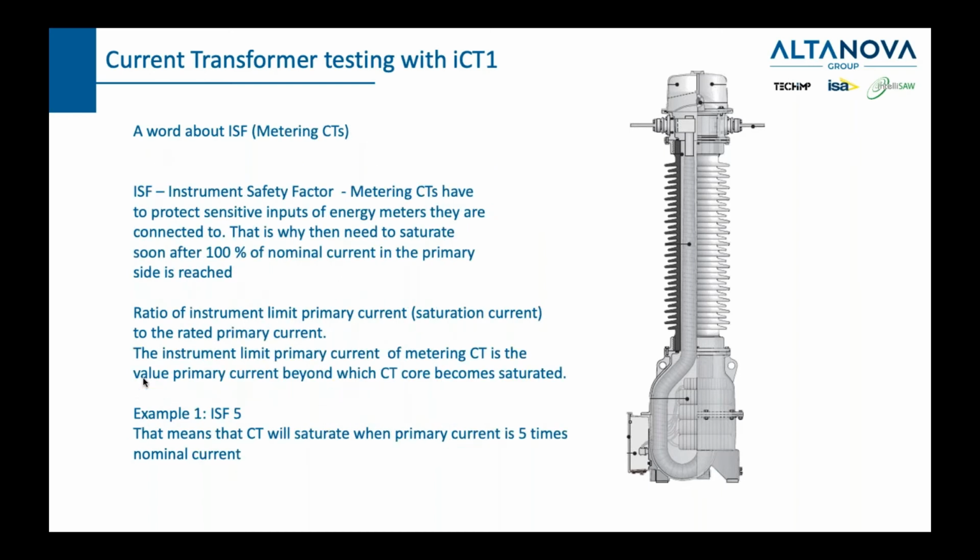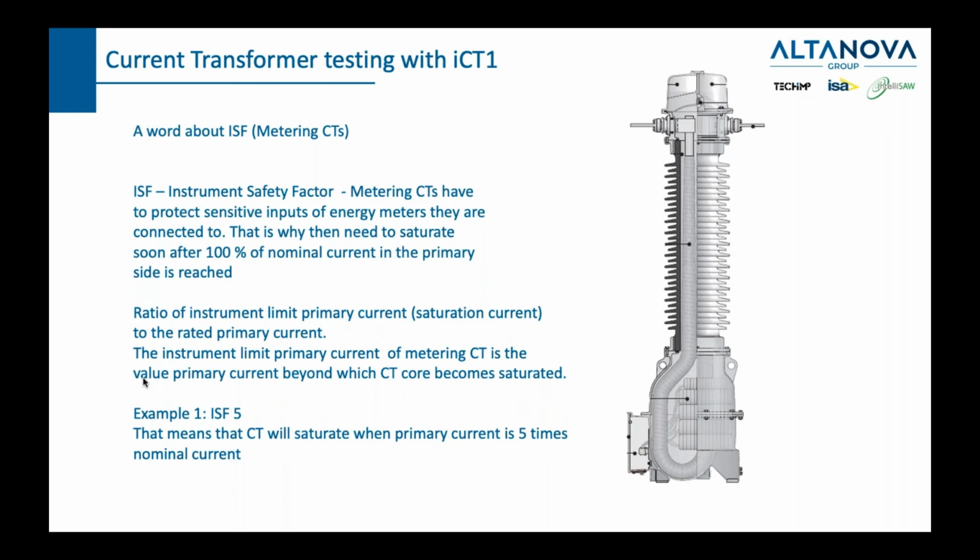Metering CT, on the other side, uses a number called ISF, instrument safety factor. So metering CTs have to protect sensitive inputs of energy meters they are connected to. That is why they need to saturate soon after 100% of nominal current in the primary side is reached.